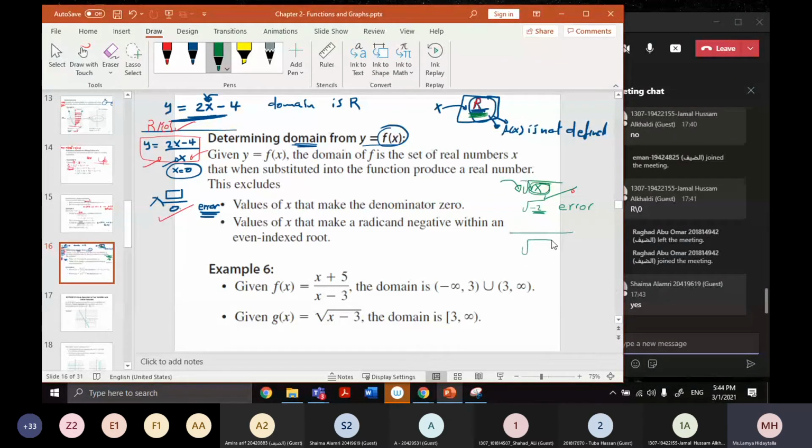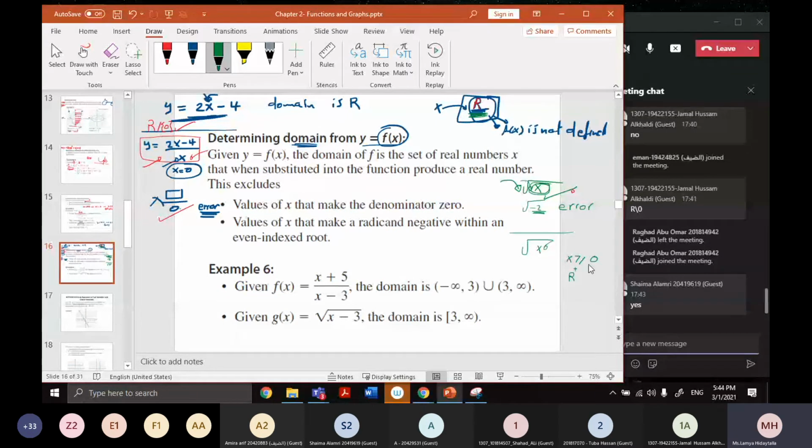If I have here x, what is the domain? What values of x can I substitute with? Everything, but not the negatives. So x should be greater than or equal to 0. You can write it like that, or you can write it as R plus.